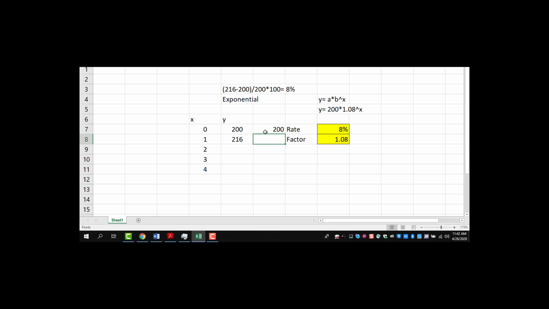Now I'm going to match this to 16. So I'm going to use this equation here. Equals 200, which doesn't change. That's the initial value. Times the factor, which doesn't change because that's the factor. Raised to, in this case, the first power.